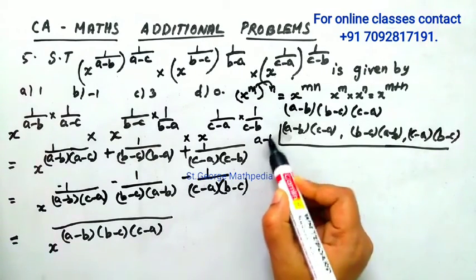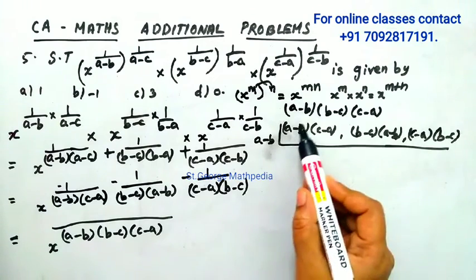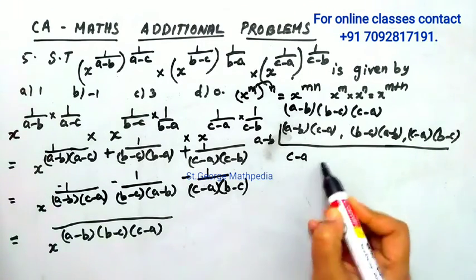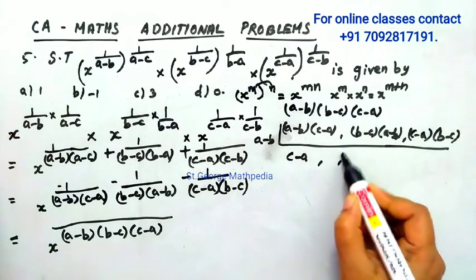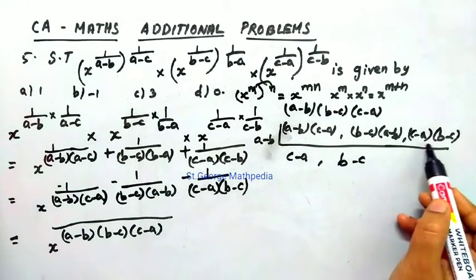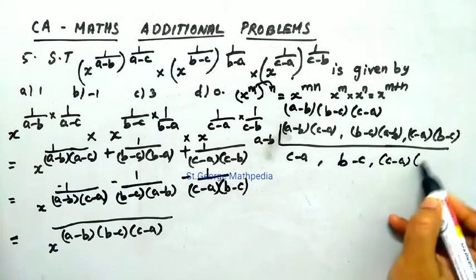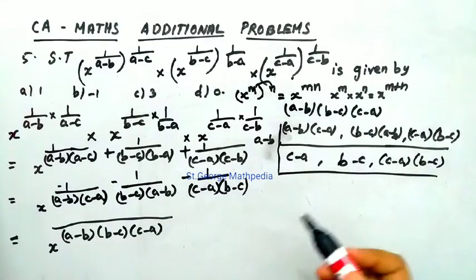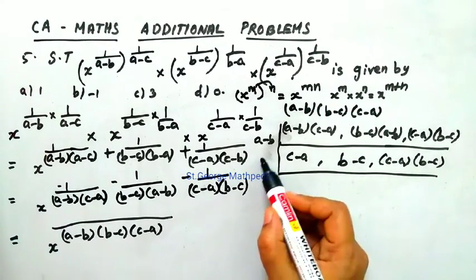Now let us divide by a minus b. When you divide by a minus b it gets cancelled and you will have c minus a here. And here also a minus b gets cancelled, you will have b minus c. And here there is no a minus b, so you have to write the same term. This is the usual method when you take the LCM.